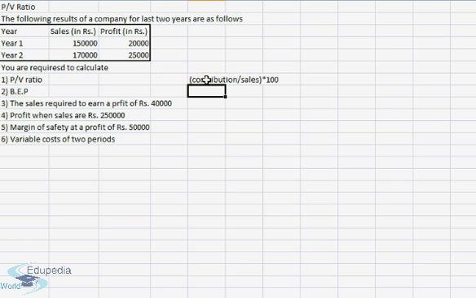So this is the formula for PV ratio, and we know how to calculate the break-even point already. But with the help of PV ratio, we do it by dividing the fixed costs by the PV ratio.